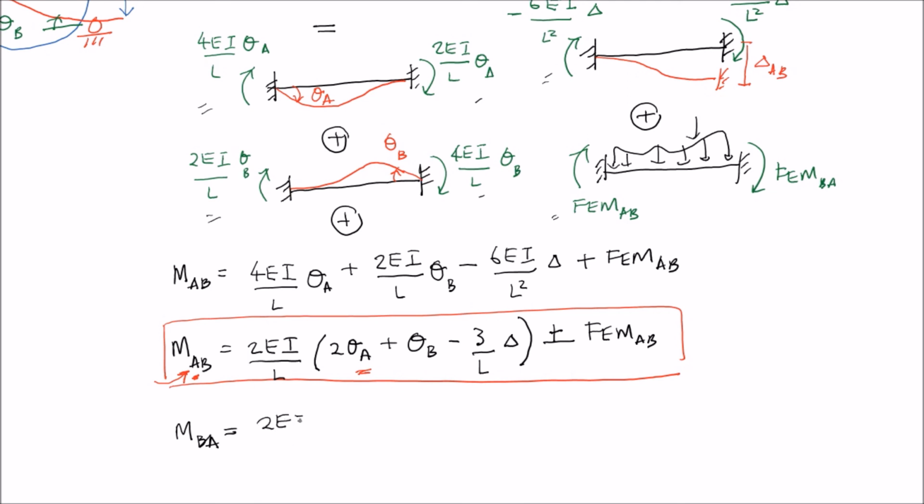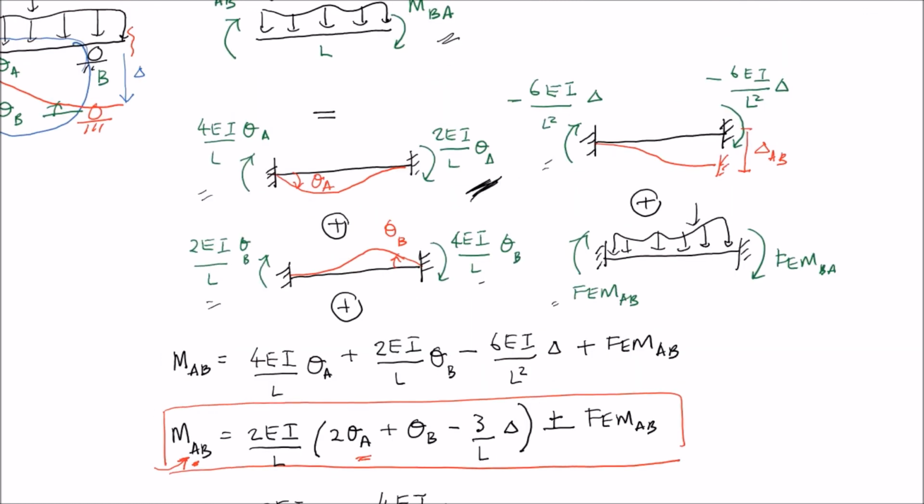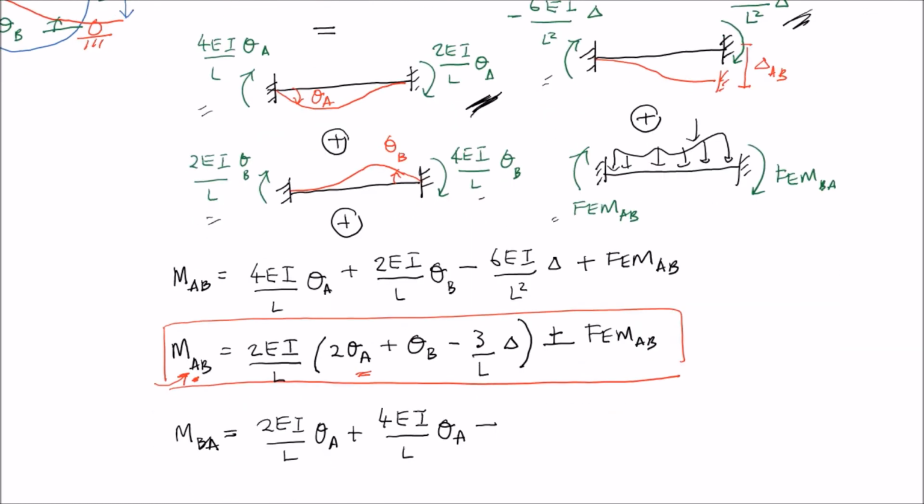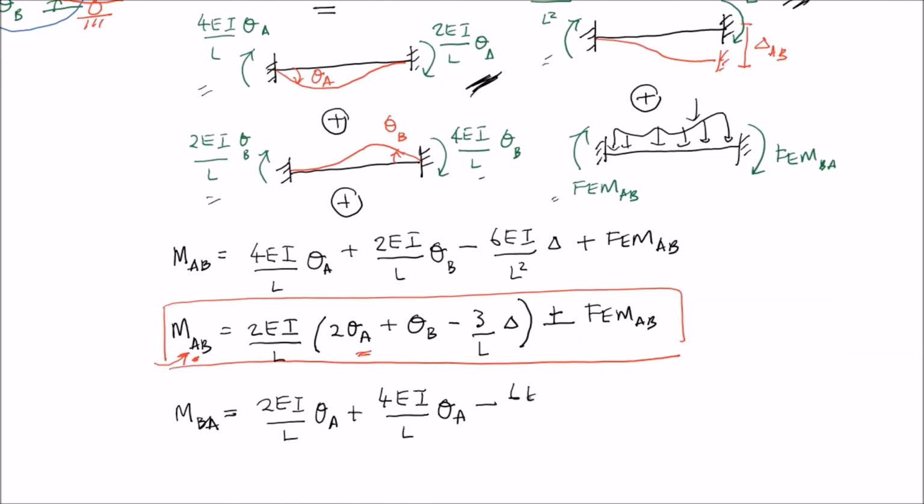It's 2EI over L theta A plus 4EI over L theta B, minus, because it's a negative sign, 6EI over L squared delta, and then plus minus fixed end moment BA.